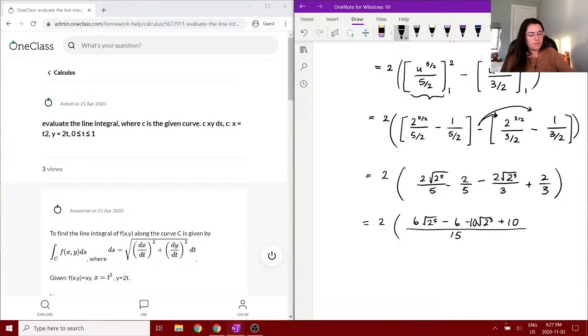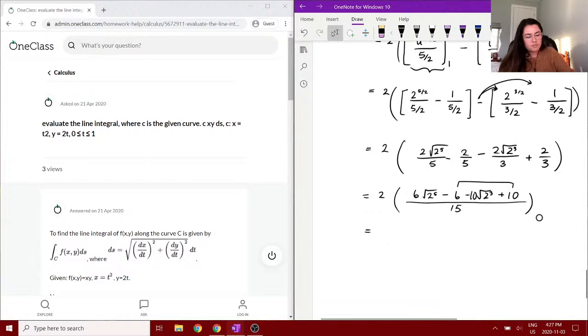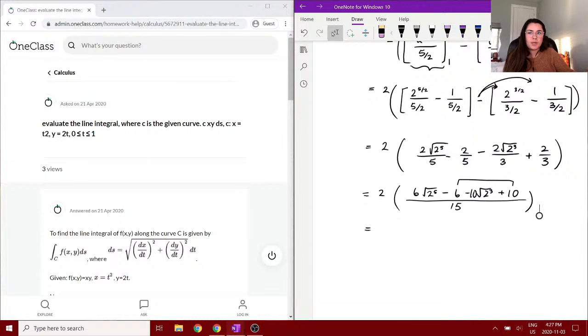All right, now that we have this, of course you can just add these two together, but I'm just going to go straight to the final answer. If this is a calculus class, you might not be able to use a calculator, but if you are, then the final answer is 1.2876 rounded off. All right, and that is the final answer.